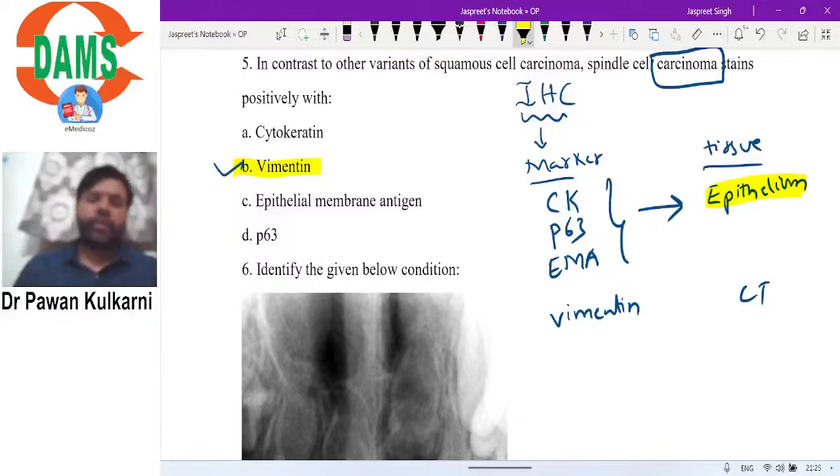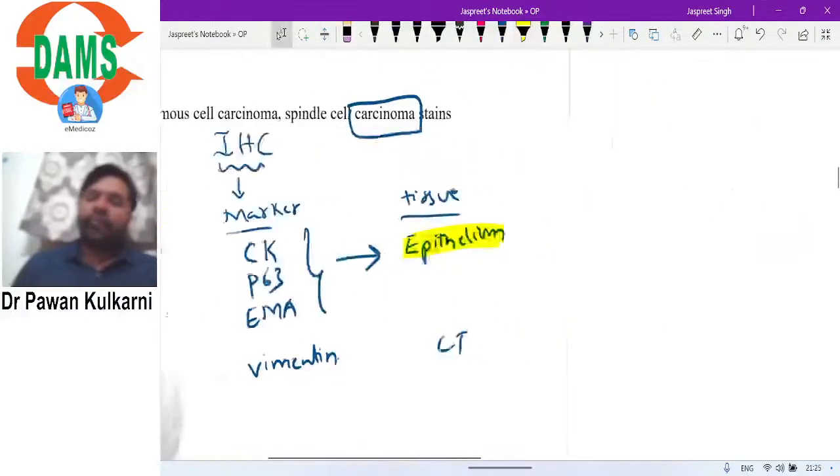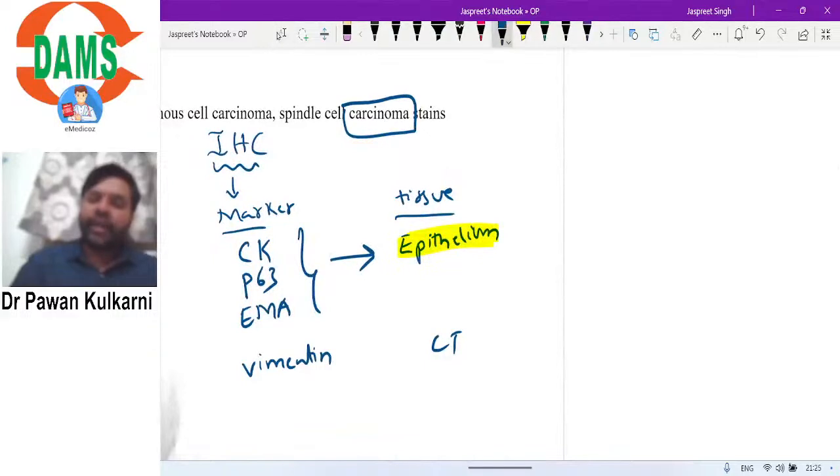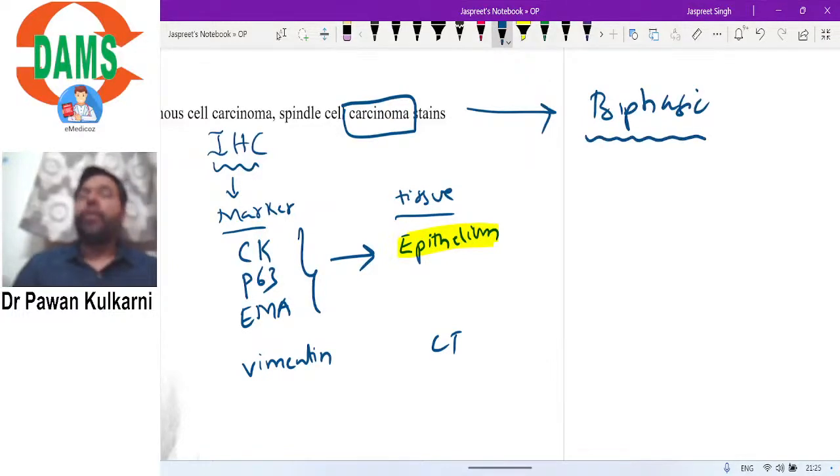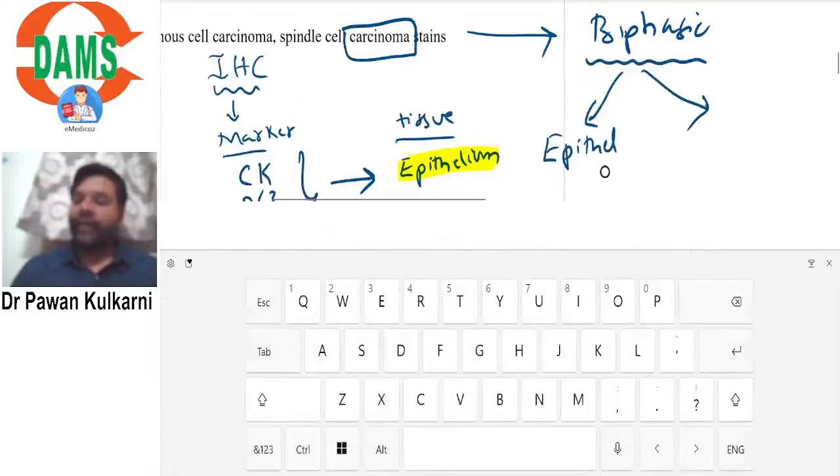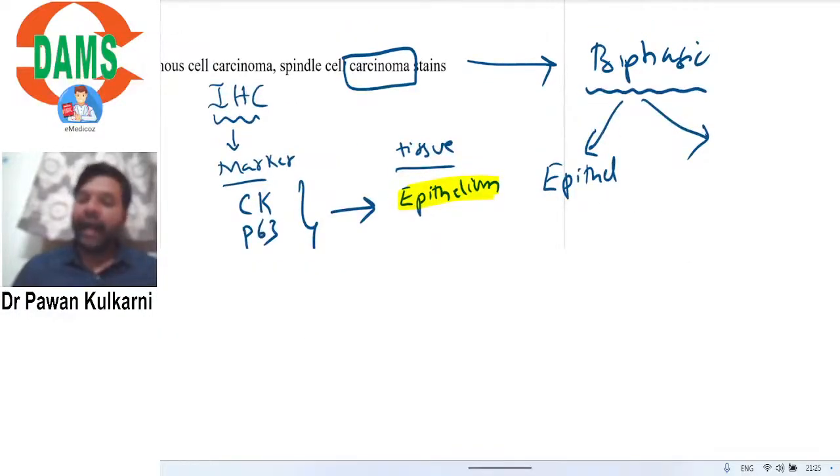To understand that, we should know that spindle cell carcinoma is basically a biphasic tumor, where it will have two types of cells. It will have epithelioid cells and it will have spindle shaped cells.